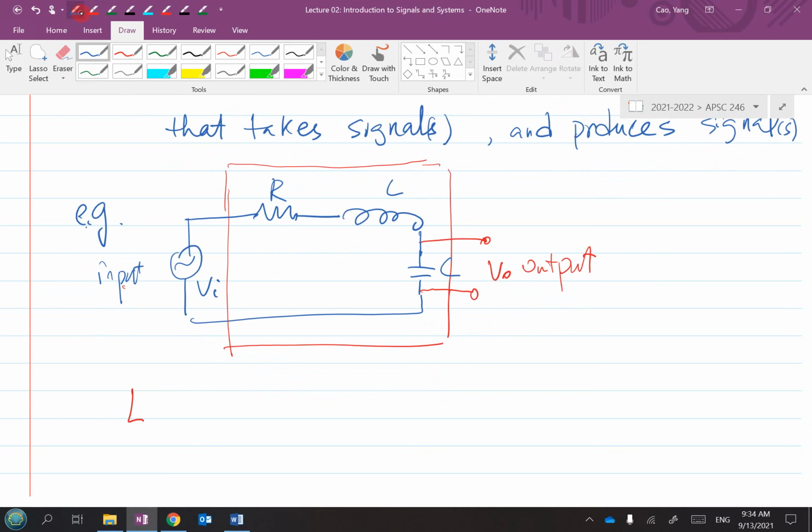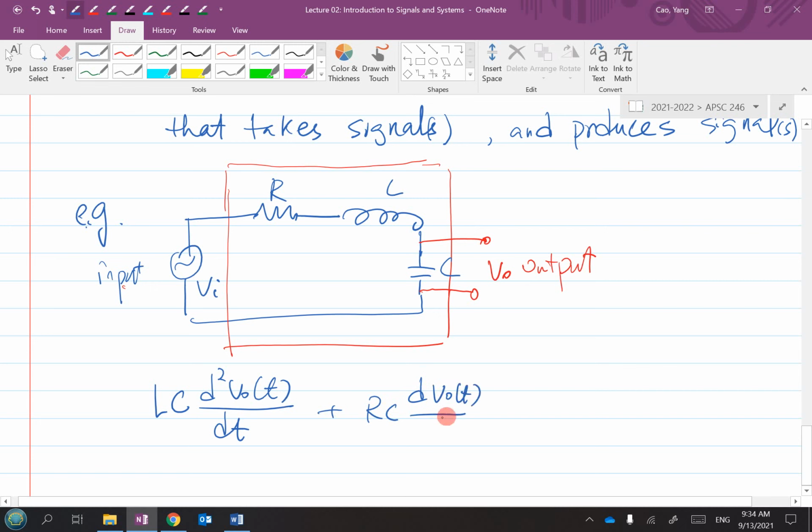Without going into details, the output and input relationship is described by a so-called second-order ordinary differential equation. And we will certainly look at this in more detail later.